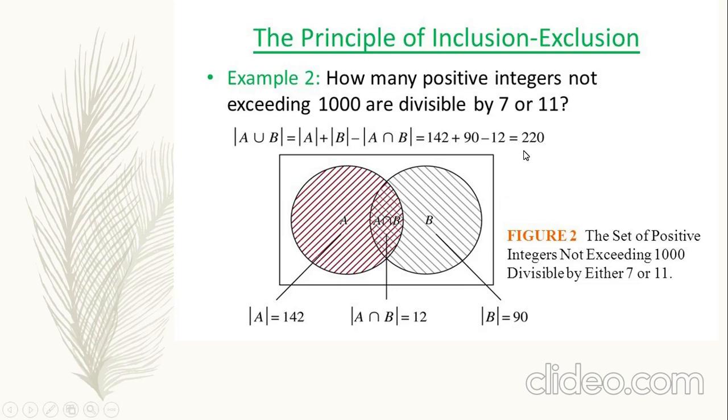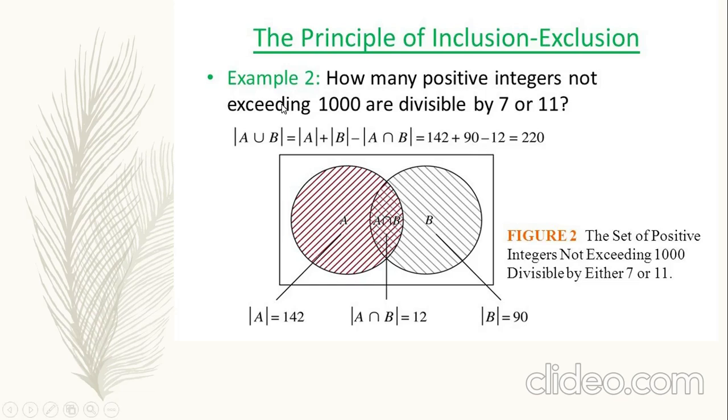And according to the computation, numbers that are divisible by 7 is equal to 142, and numbers from 1 to 1,000 that are divisible by 11 is 90. Okay. And then, there are 12 numbers that are common to both 7 and 11.